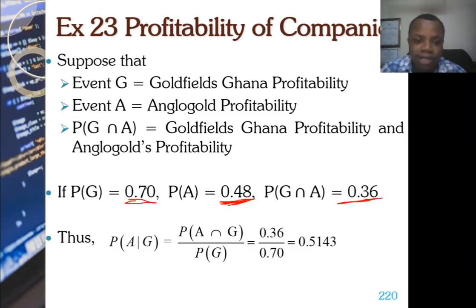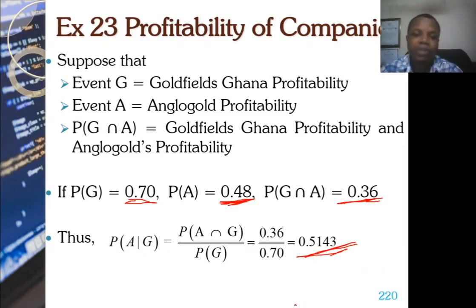Now the probability of Anglo Gold's profit, given that Gold Fields profit is also under consideration, will be equal to probability of A intersection G, all over the probability of Gold Fields profit margin. That's what we have here. And remember, probability of A intersection G has been given here, all over probability of G, which we have to do. 0.170. So the conditional probability of A given G is equal to 0.514.